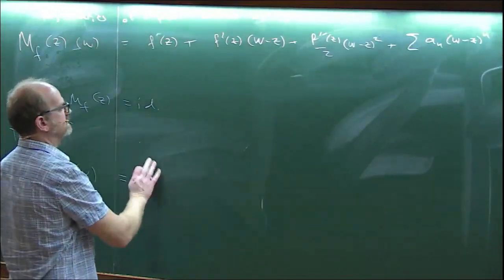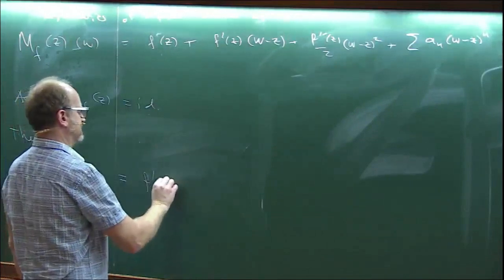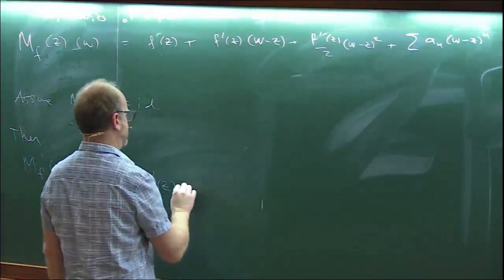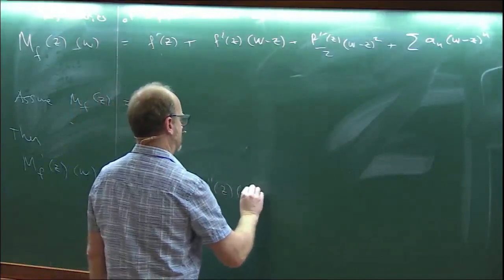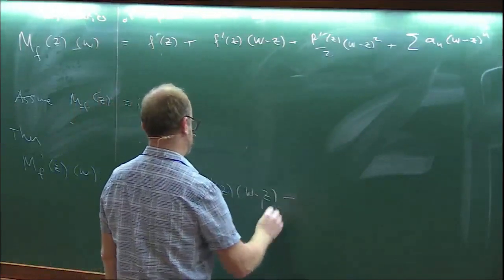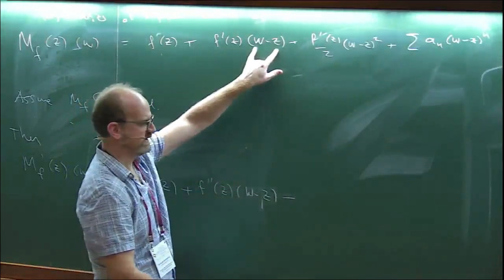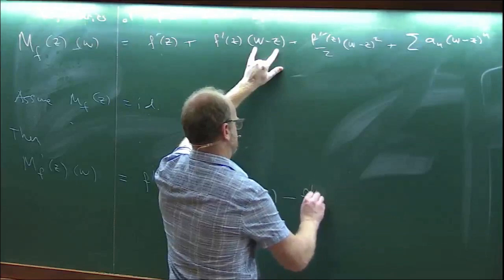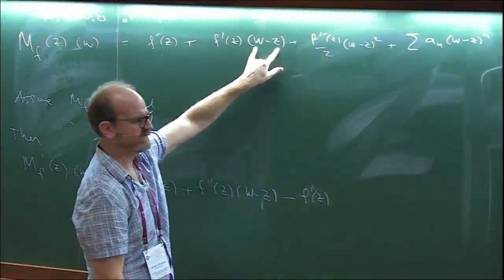I get some nice cancellations here. First of all, we have f prime of z. Then for the derivative of this, we need to use the product rule. It's going to be the second derivative of z times w minus z. Then when I take the derivative of this, again with respect to z, I'm going to get a negative 1 when I differentiate this term.